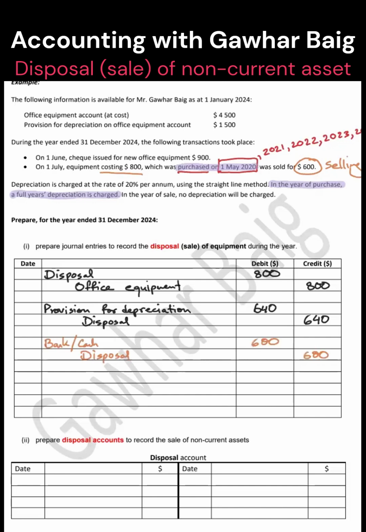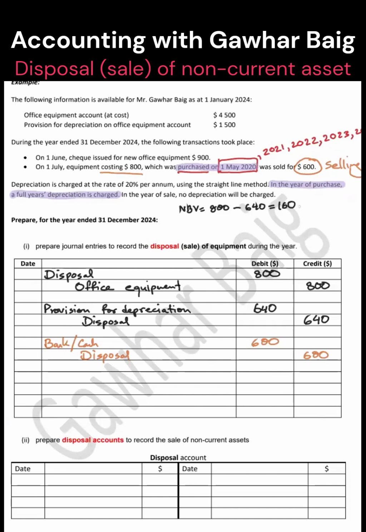Then you need to do a simple working for the asset, that is whether we are making a profit or loss on disposal. Let's check for this by first calculating the net book value of the asset. Net book value is basically the cost minus depreciation. The cost is $800 and the depreciation is $640.